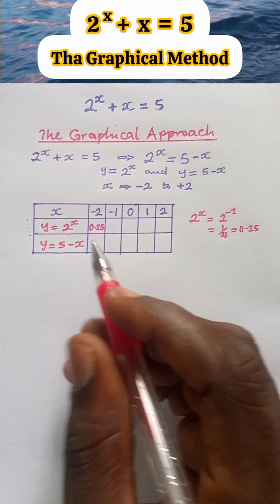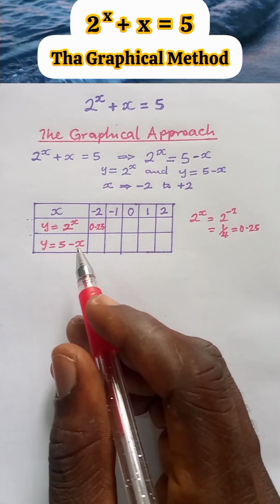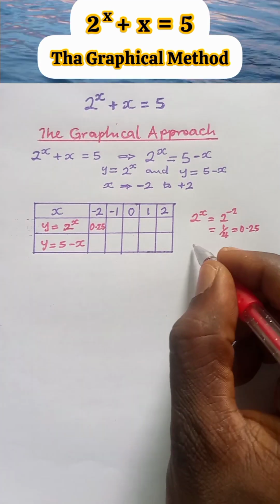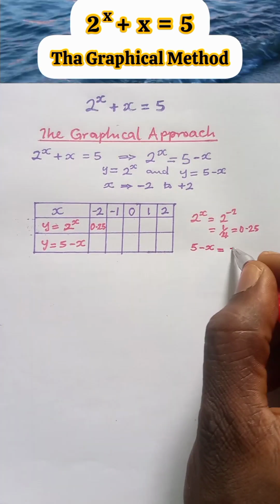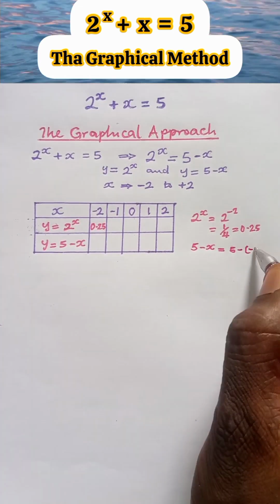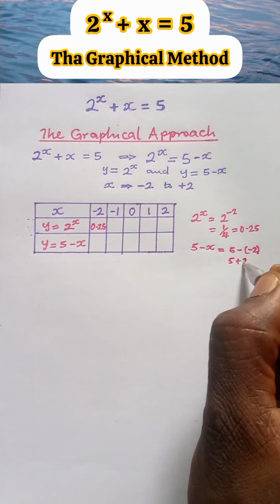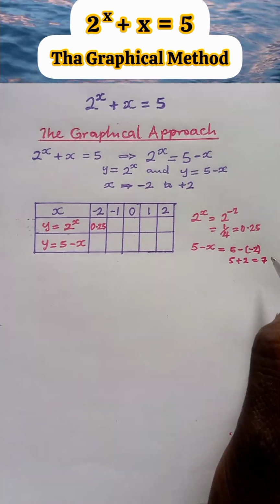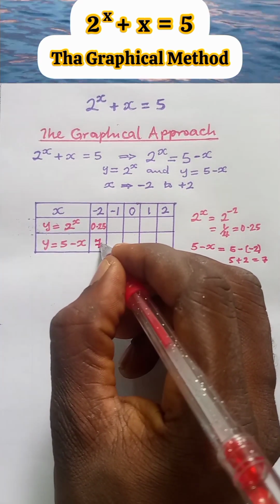Similarly, when x is -2, y here, 5 minus x, let's quickly solve it. 5 minus x equals 5 minus, in brackets, minus 2. Minus multiplied by minus is plus, so that we have 5 plus 2, which will give us 7. So when x is -2, y in this function is 7.